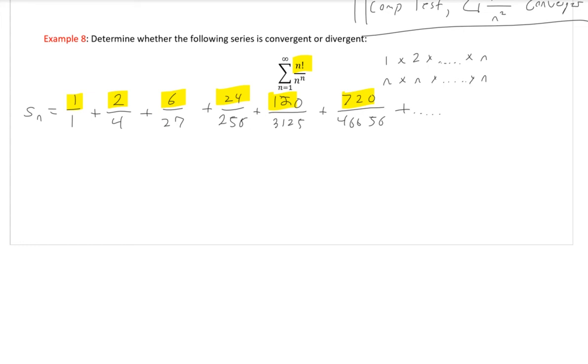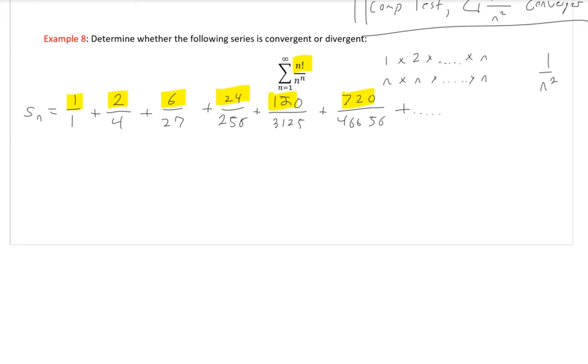The easiest thing that we can try to compare to show something is convergent is 1 over n squared, right? 1 over n squared from the p-series is a very nice convergence. But we have n to the n power on the bottom. Well, what if we try to look at n factorial as some exponent of n?